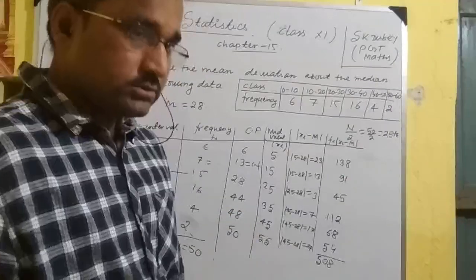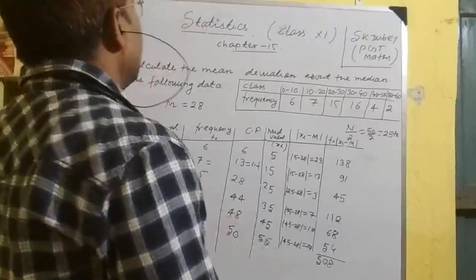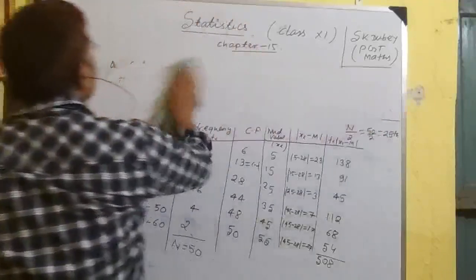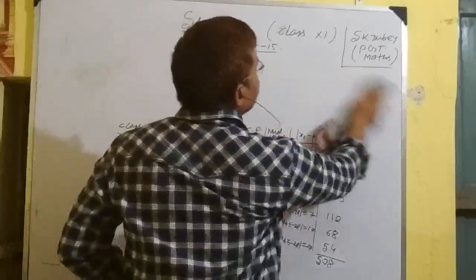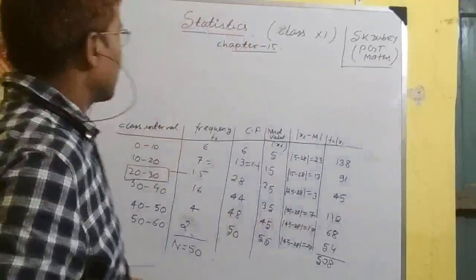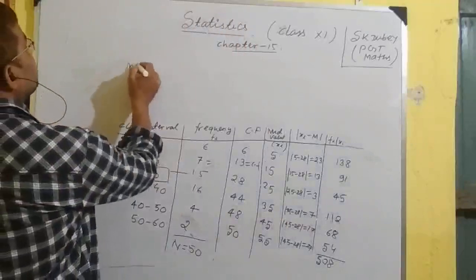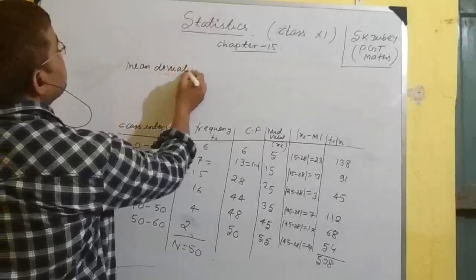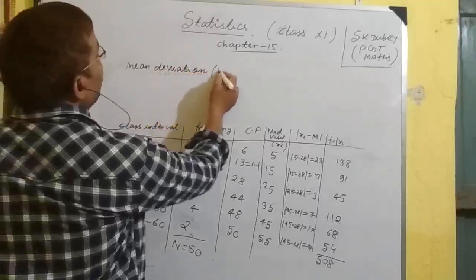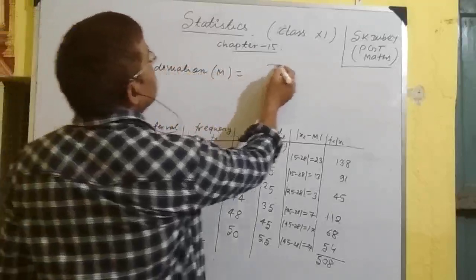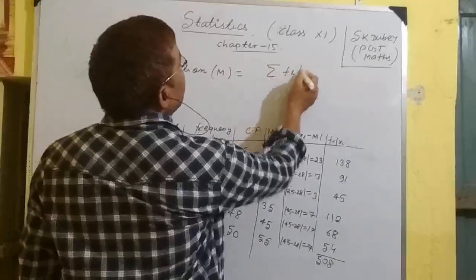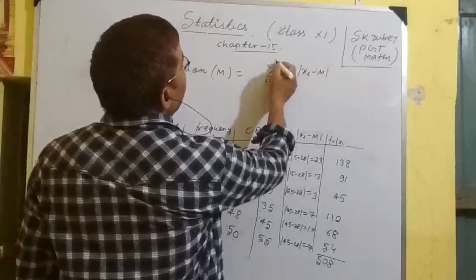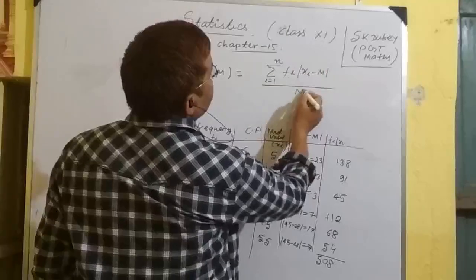Now by using the formula for mean deviation about the median, we calculate: mean deviation about the median is the summation of fi xi minus M divided by n.